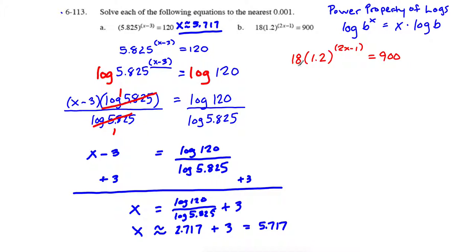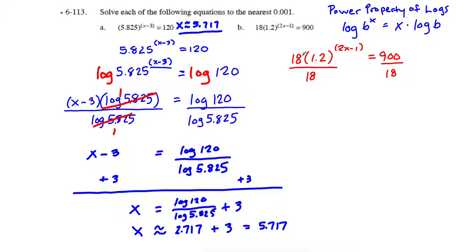Right now we've got a factor 18 times our base that's raised to our exponent here. So before we can use the power property of logs, we're going to get rid of this 18 first. So let's go ahead here and divide each side by 18.